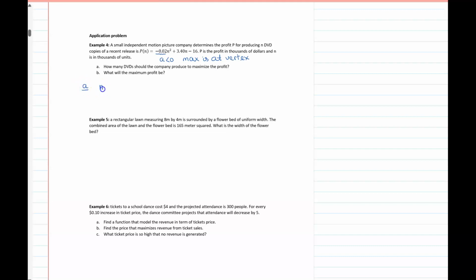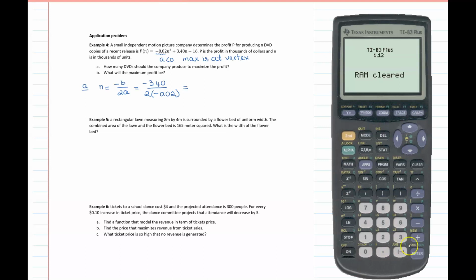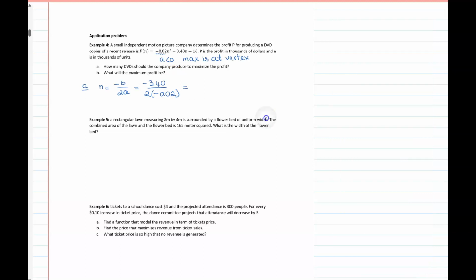So part A. n equals negative b over 2a. That is negative 3.40 over 2 times negative 0.02, and that is equal to 85,000 DVDs.